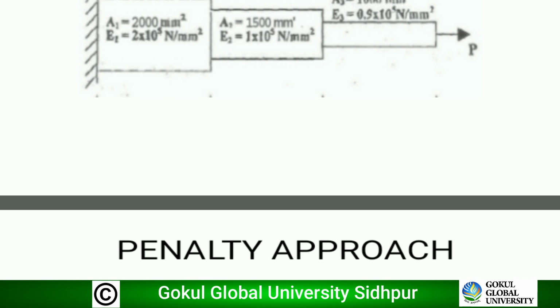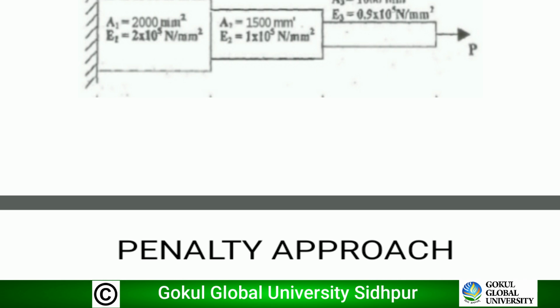It means if any node is fixed, at 1 and 3 or 1 and 4, right? You can put the addition of C on the diagonal of the matrix equation, in the assemblage of the equation KQ is equal to F. And what will be the value of C?